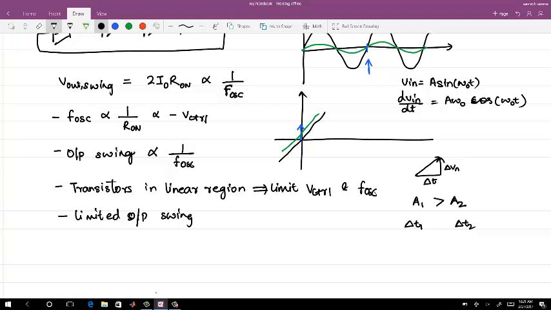If the slope is very high, what will be delta T? Slope is equal to delta V in by delta T, so it is inversely proportional to the slope. If the slope is larger, your delta T change will be small.